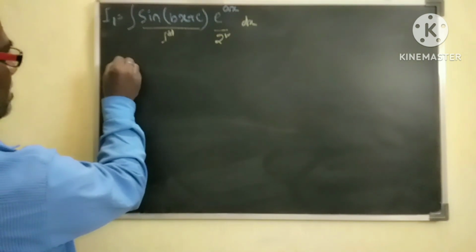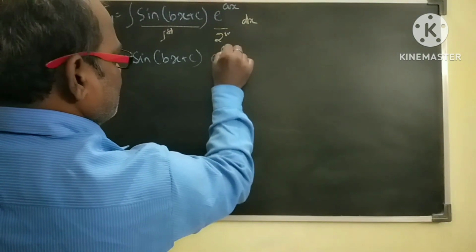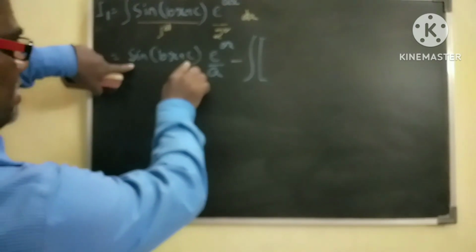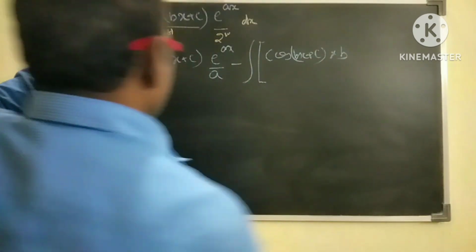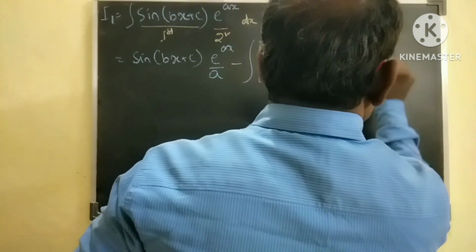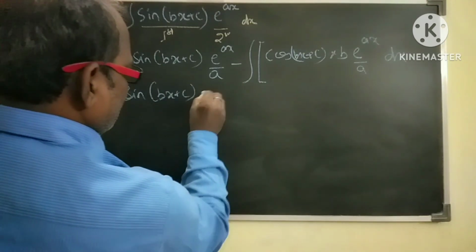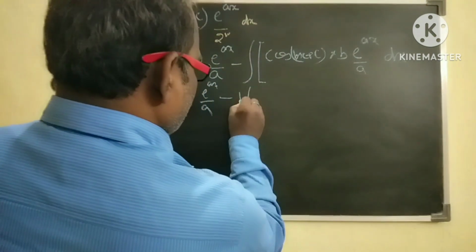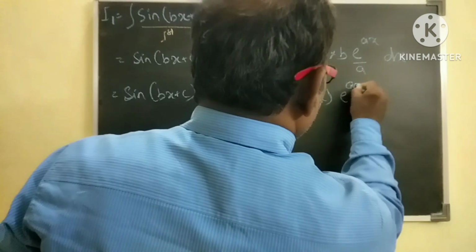So we get sin(bx + c), the integration of this is e^(ax)/a, minus the integration of the differentiation of the first function, that is cos(bx + c) into b, into the integration of the second function, e^(ax)/a dx, which equals sin(bx + c) e^(ax)/a minus, taking b/a outside, the integral of cos(bx + c) e^(ax) dx.